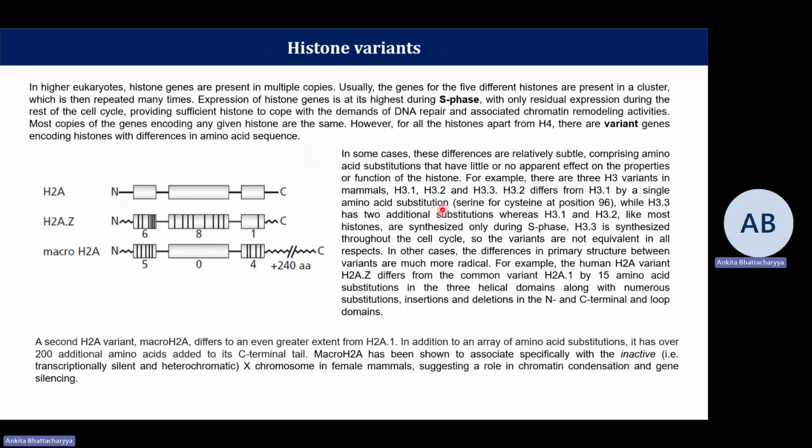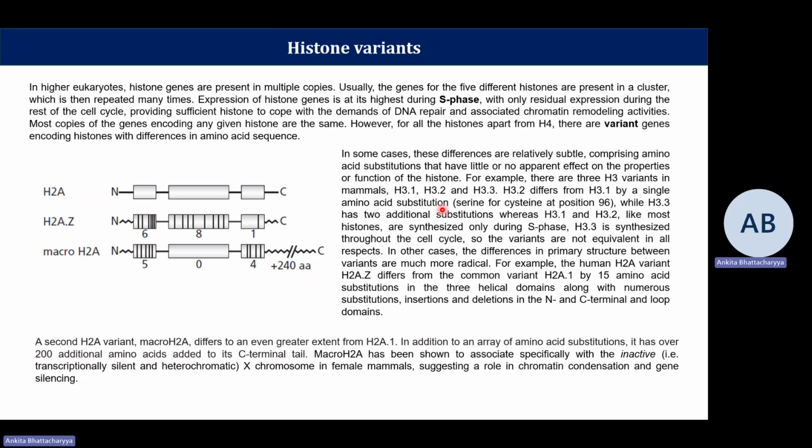I think this was our last topic for the previous class, where we introduced histone variants. What this basically means is that while we understand those 5 different histones to be present within a cluster, they are not the only possible option.